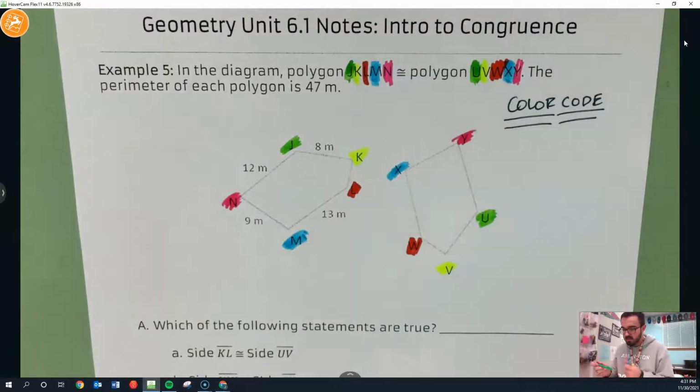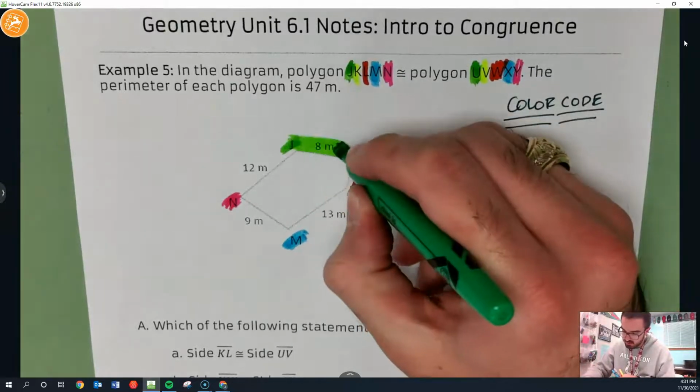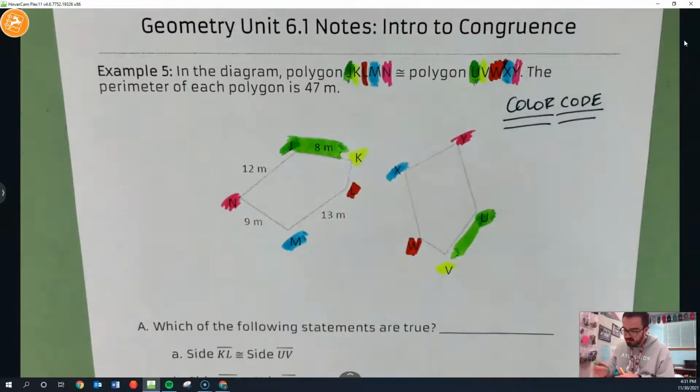So we got a color code. Let's color code the sides as well. So J to K would be green. U to V would be green. Let's get yellow. Keep going.